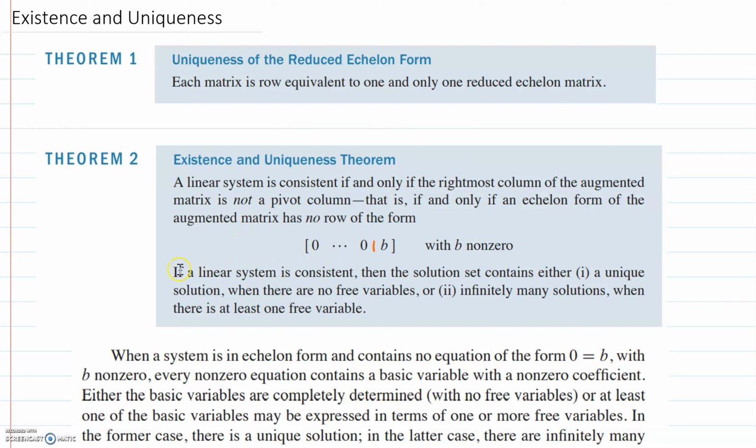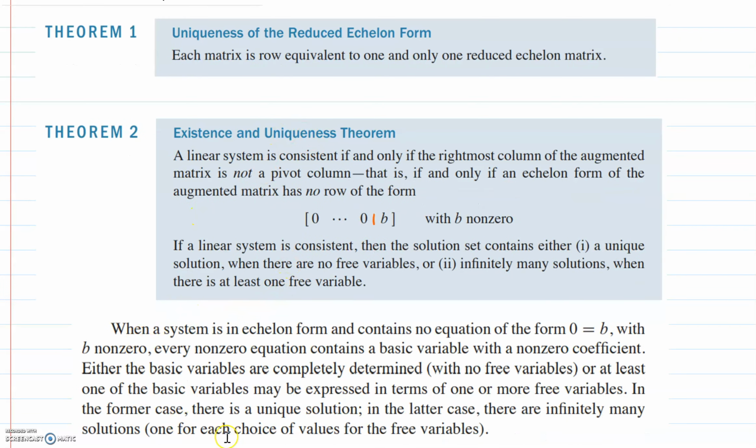The uniqueness part of this theorem says if a system is consistent, then the solution set contains either a unique solution, just one solution, which happens when there are no free variables, or infinitely many solutions when there is at least one free variable.